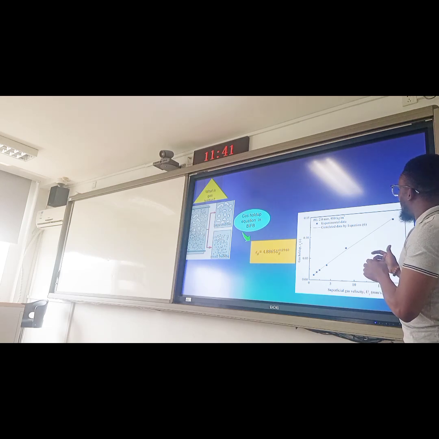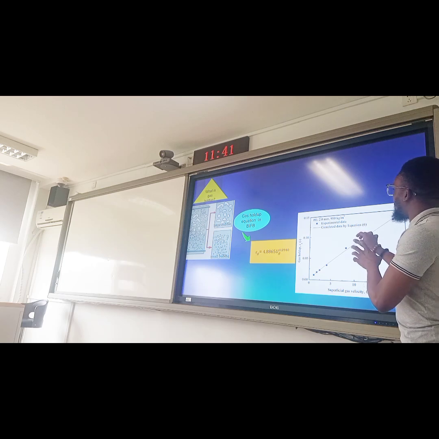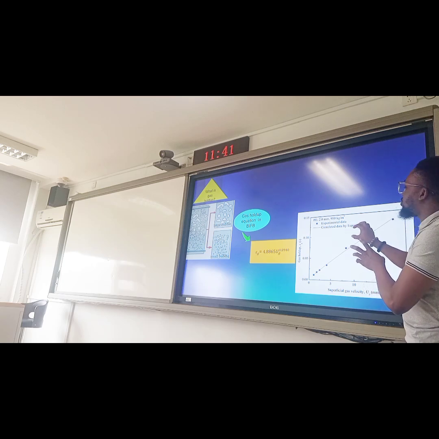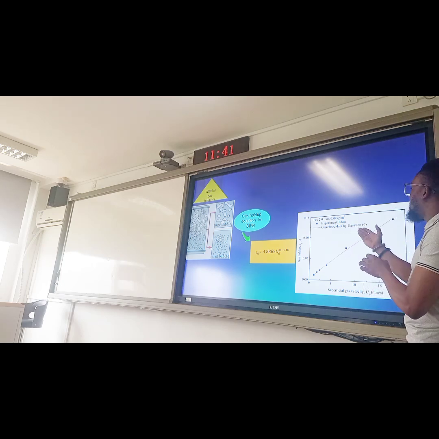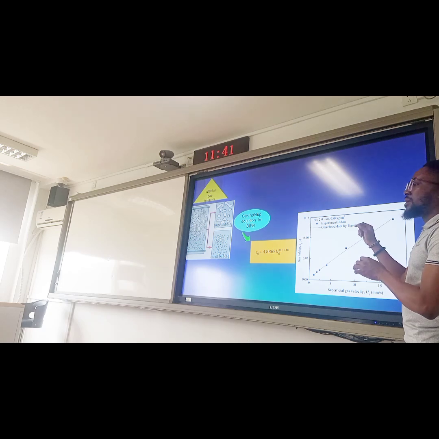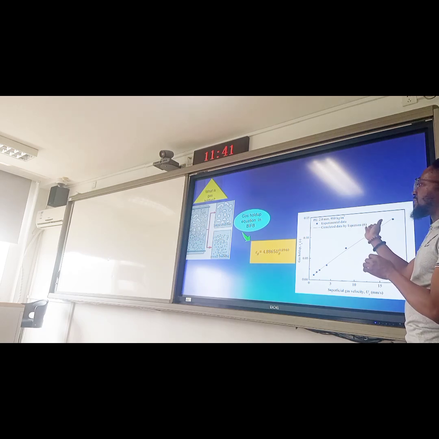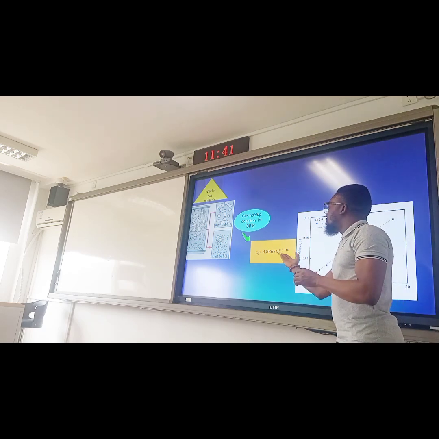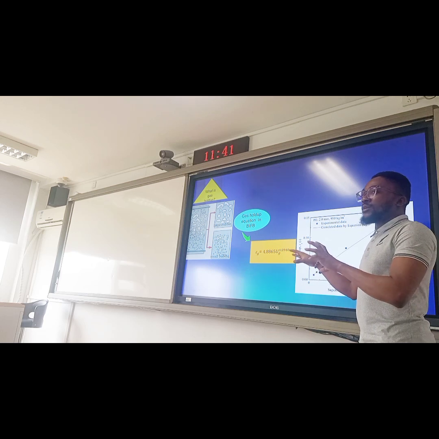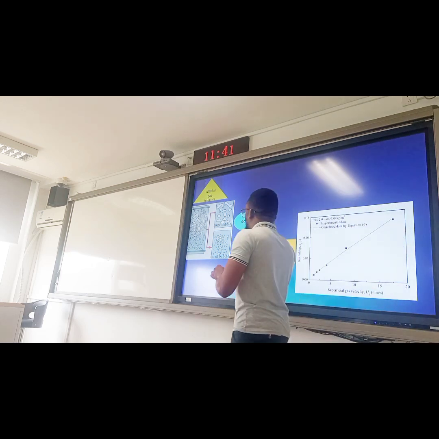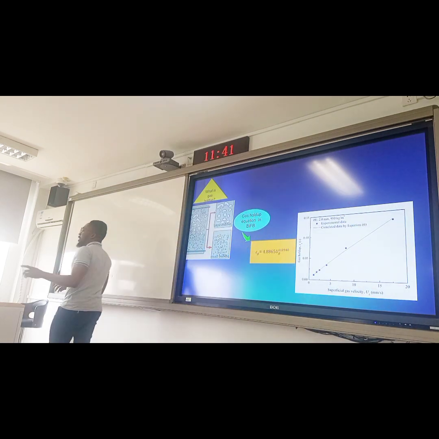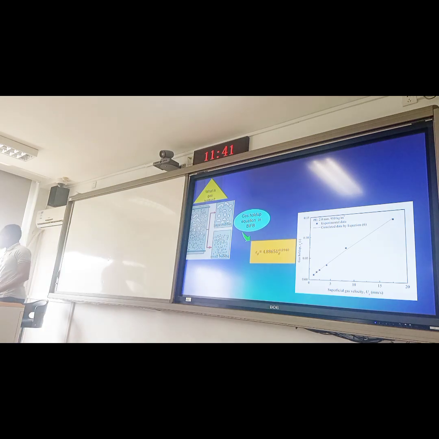They compared this correlated data with their experimental data and found that the result varies by just 6%. This equation was derived from their calculation to calculate the gas holdup in this bubble-induced fluidized bed.